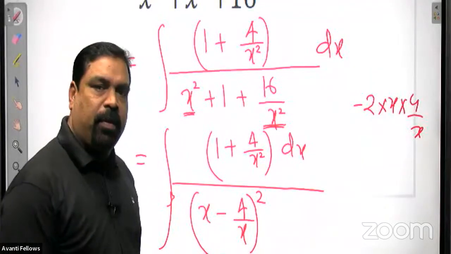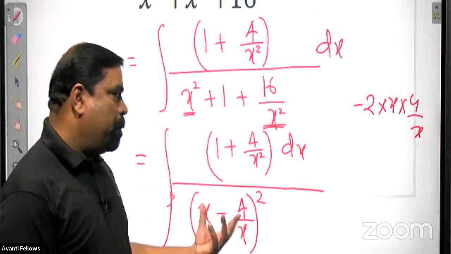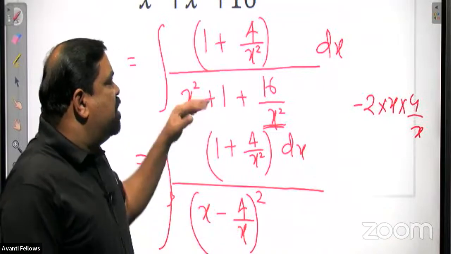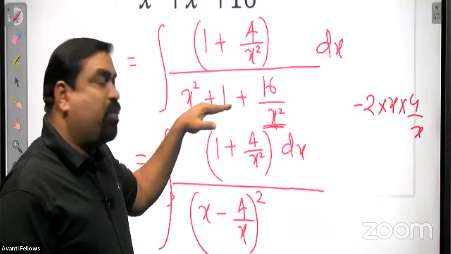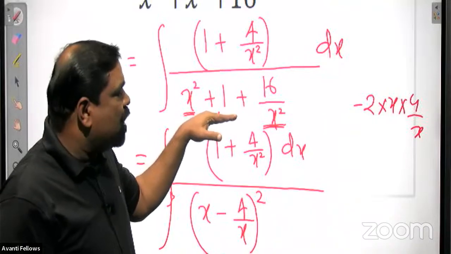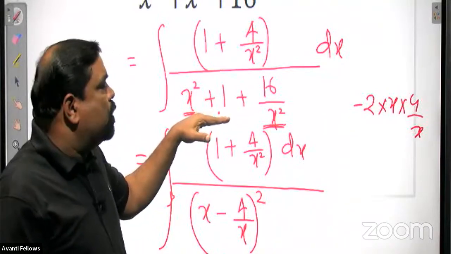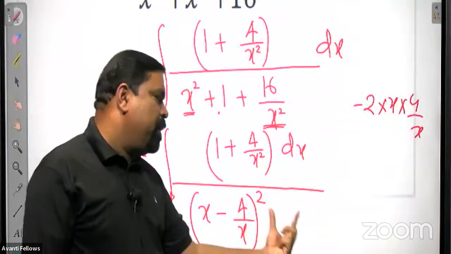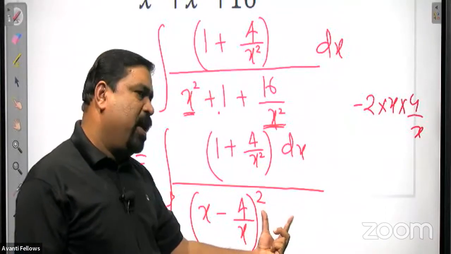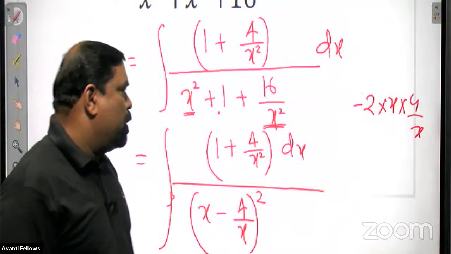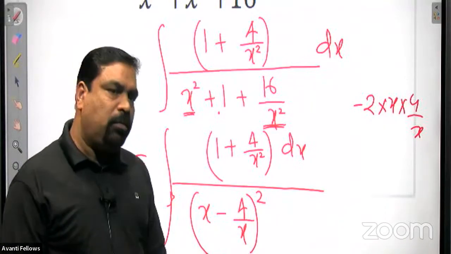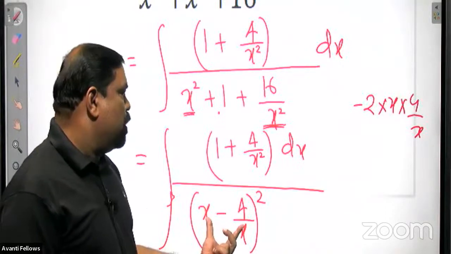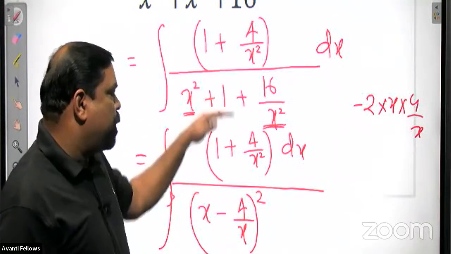But in our original expression there is no minus 8, it is actually plus 1. We need a plus 1 only, so we have to add or subtract some number to balance it. Which number should be added to this expression in order to balance it?